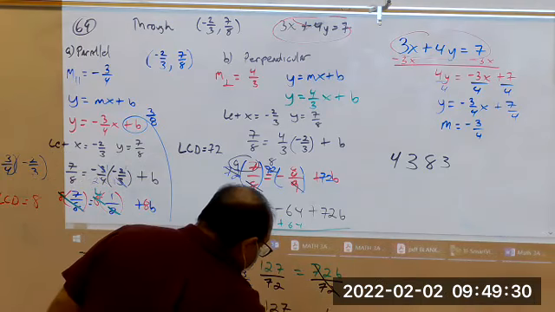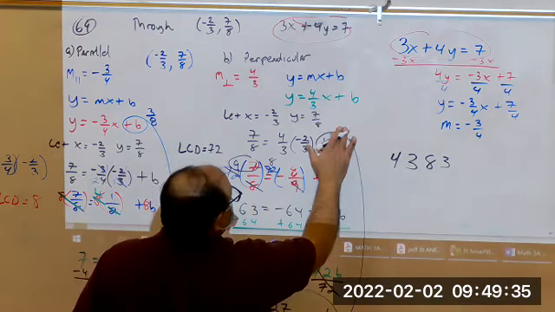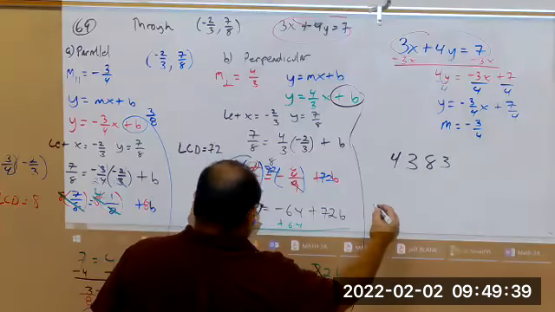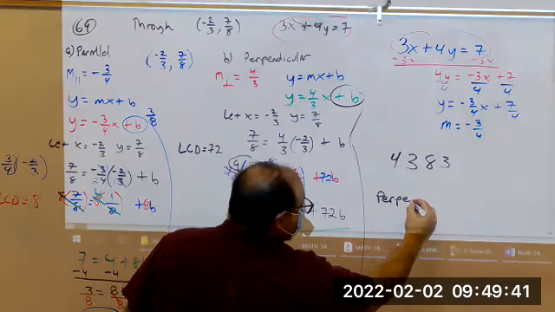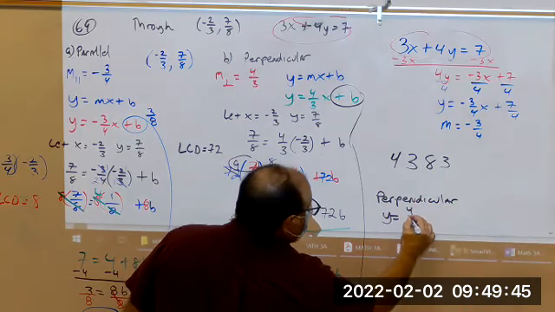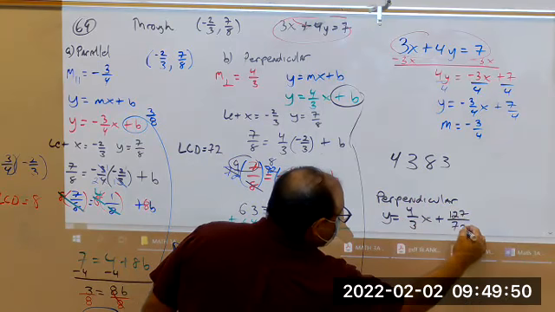That's my intercept. Whoops, not there. We're here. So y equals, for perpendicular, y equals positive 4/3 x plus 127 over 72.